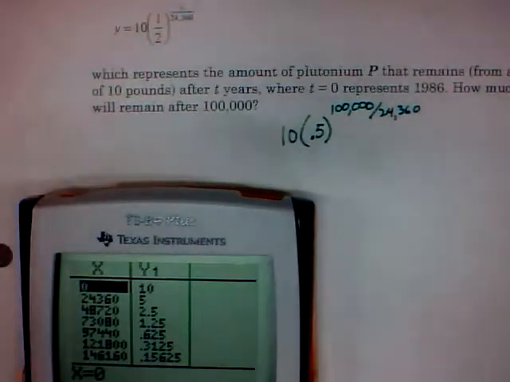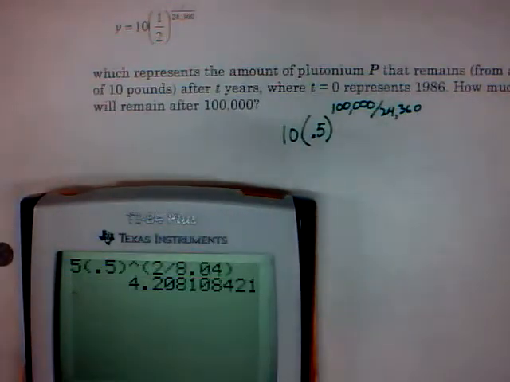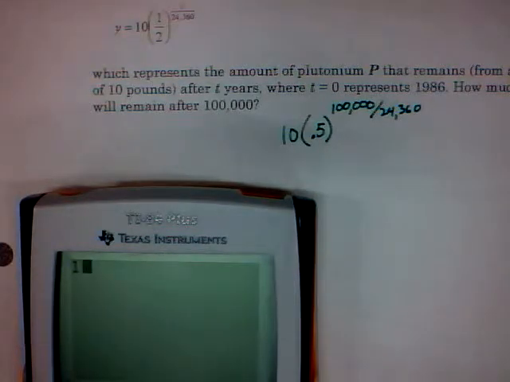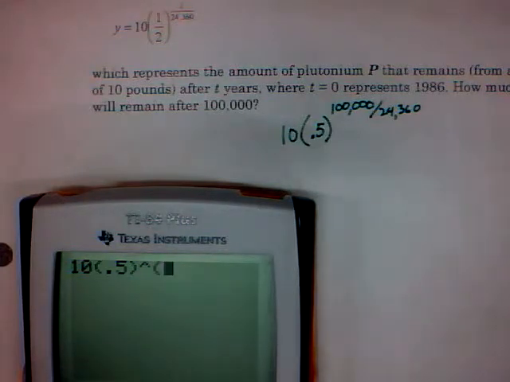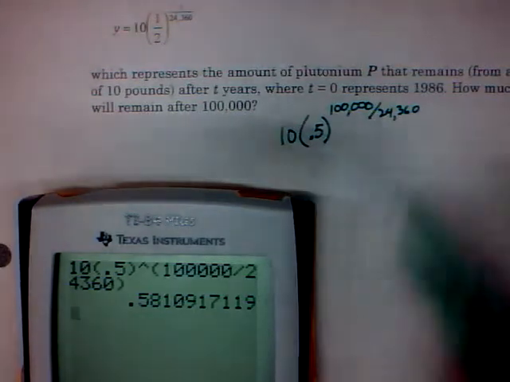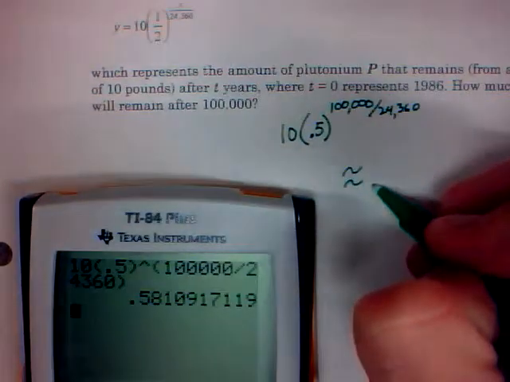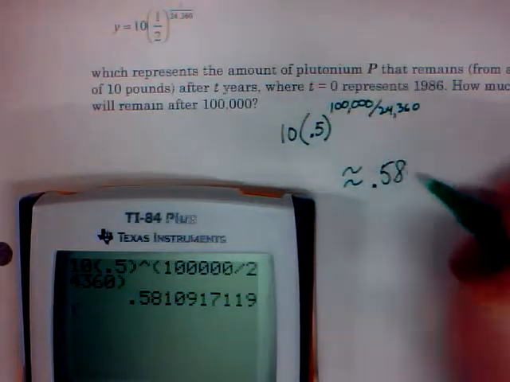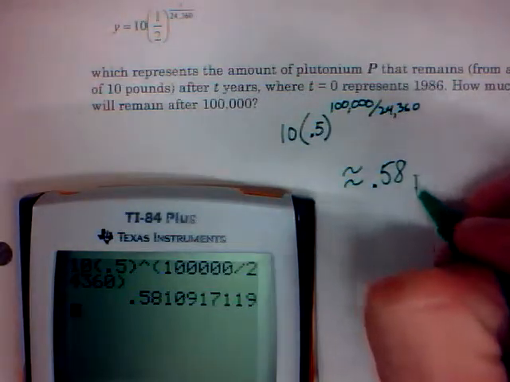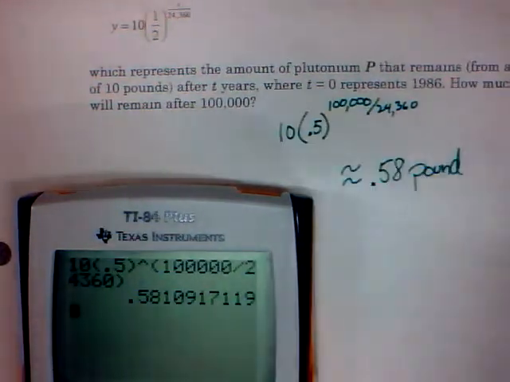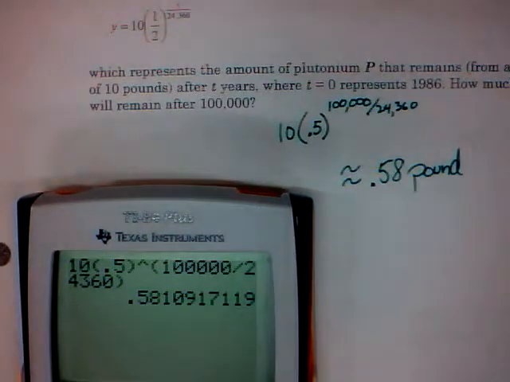If we enter that in, we have 10 times 0.5 to the power, and then in parentheses 100,000 divided by 24,360, and the answer is approximately 0.58, and that would be pounds. So we have a little over half a pound of plutonium left after 100,000 years.